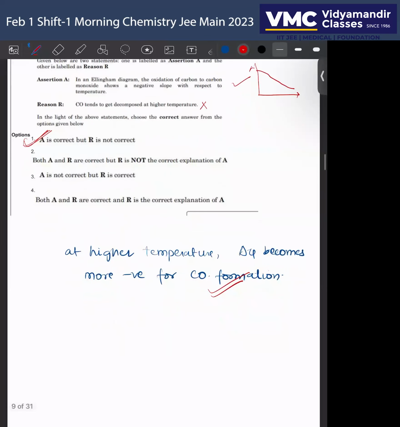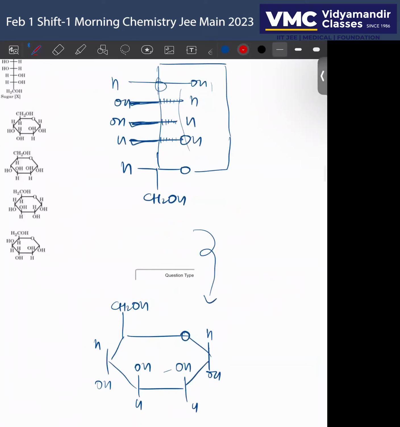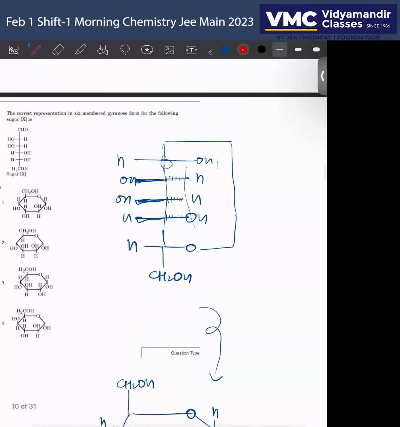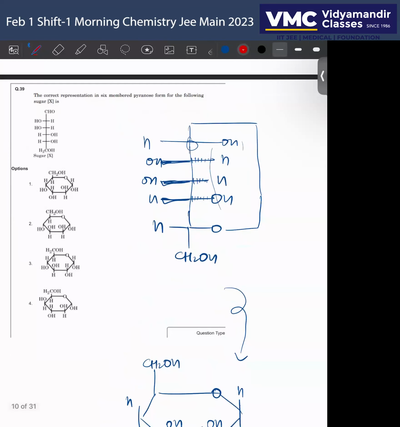Okay. Next, moving on to question number 39. The question says that you have to mark the correct representation in 6-member pyranose from the following sugar. See, if I want to make a pyranose sugar, we'll see that this OH will attack the aldehyde carbon here and form a cyclic structure like this. You can mark that these OH groups are above the plane.